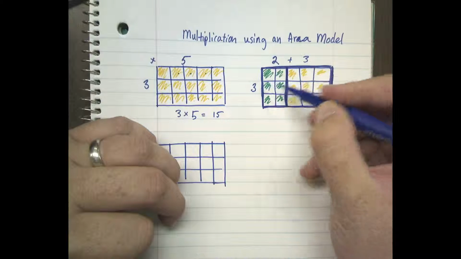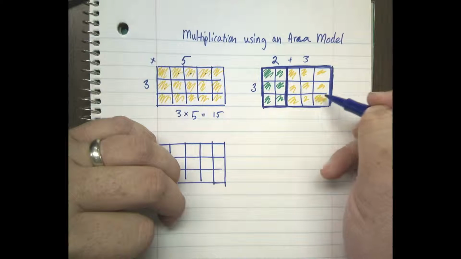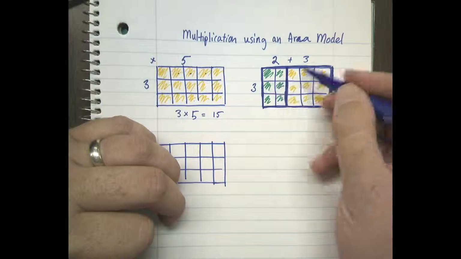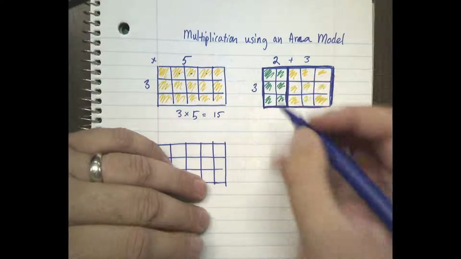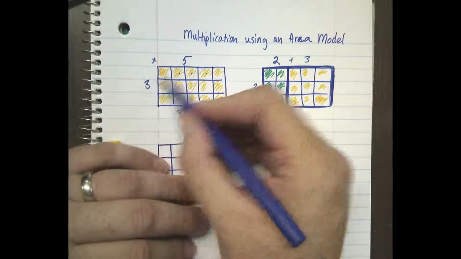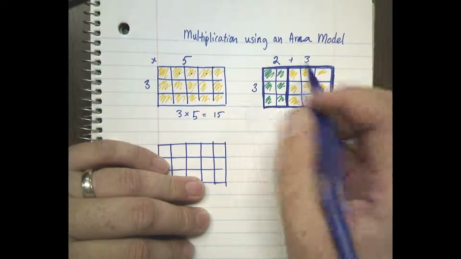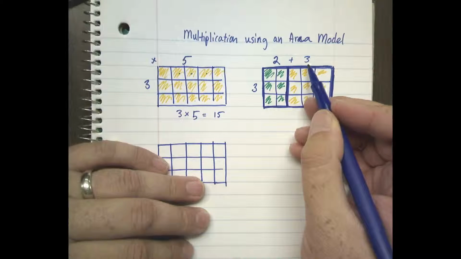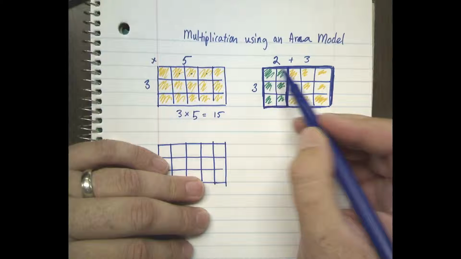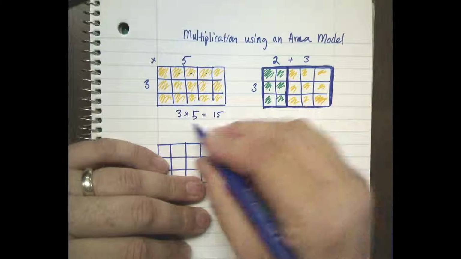And to find this golden rectangle, it's going to be 3 times 3. Let's think about 3 times 5. Well, I don't have a 5 here, but I have a 2 and a 3. So let's just keep that the same.